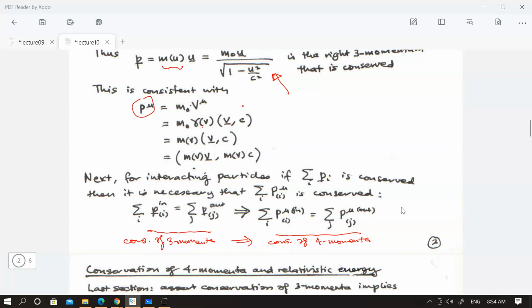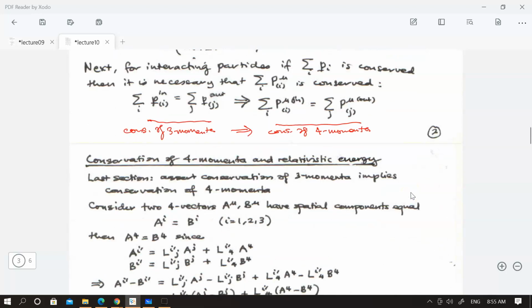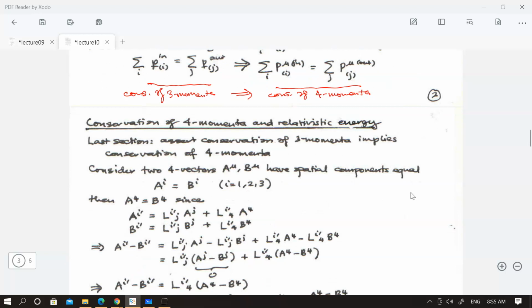Finally we get to the conservation of your four momenta with the fourth component coming in, and we'll see later what this fourth component is. I don't think I have time to continue now. If I start this new thing, I will not be able to finish it in the 5 minutes that I have, so I will stop there at this stage.